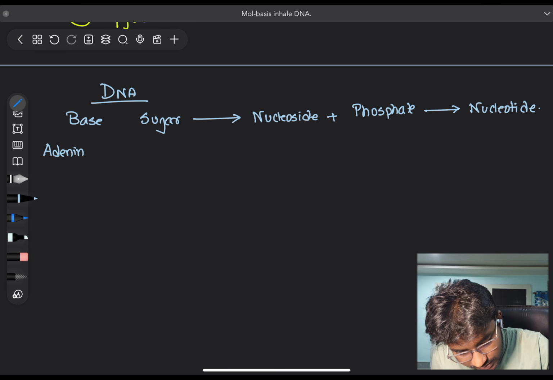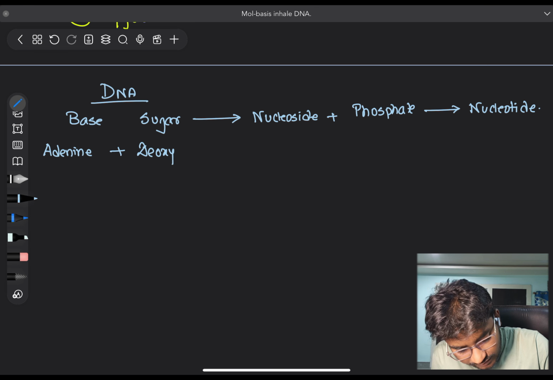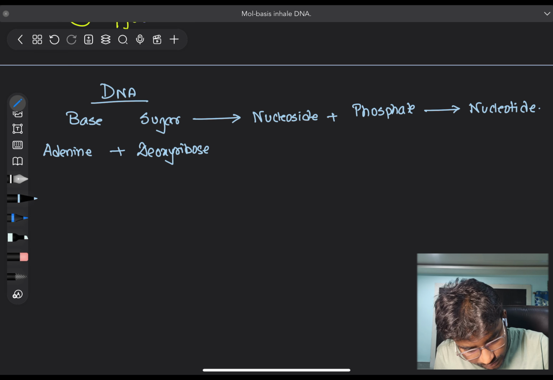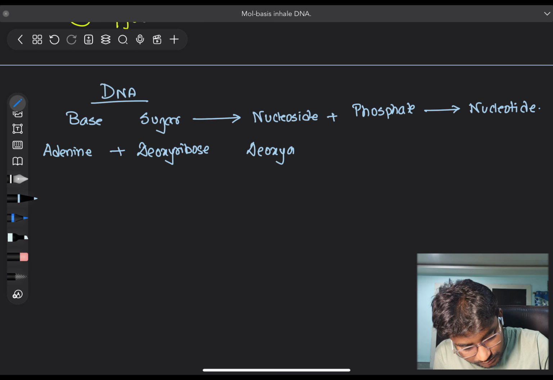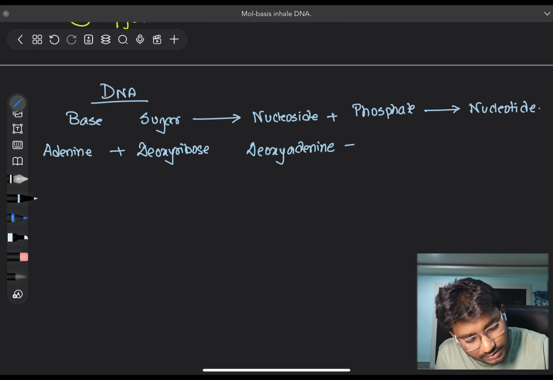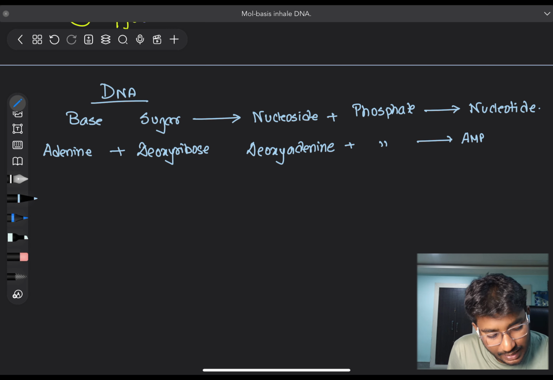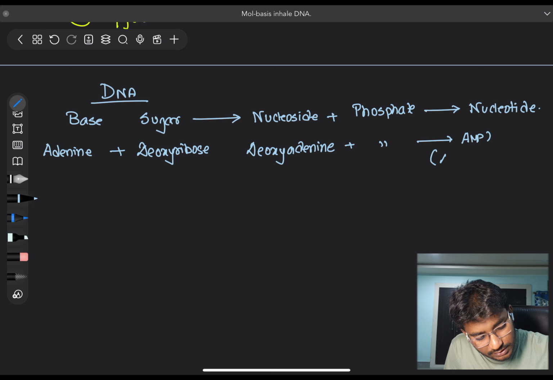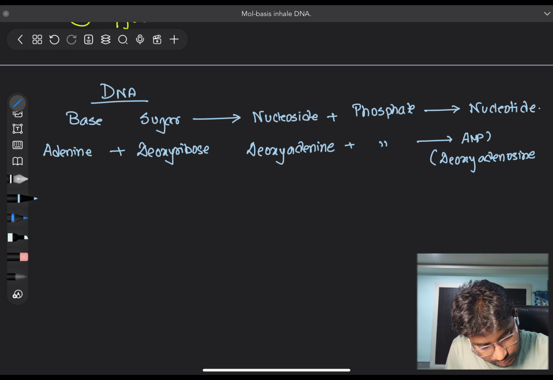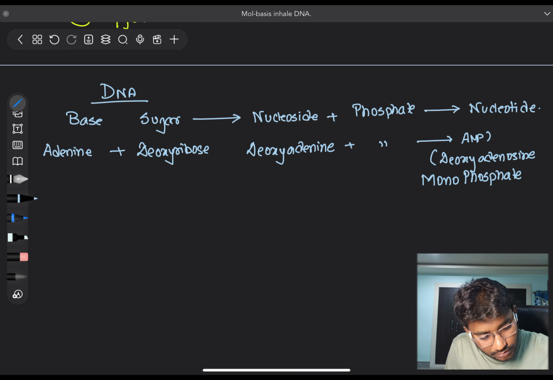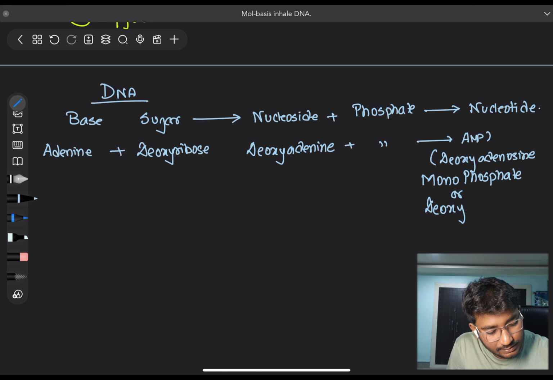If the base is adenine and the sugar is deoxyribose, that means lacking oxygen, the nucleoside will be deoxyadenosine. When phosphate is added, it will make AMP, that is adenosine monophosphate, or deoxyadenosine monophosphate, or deoxyadenylic acid.